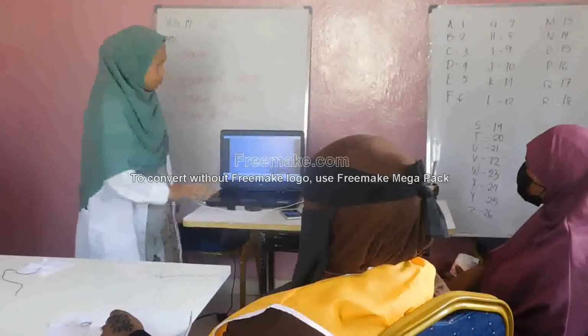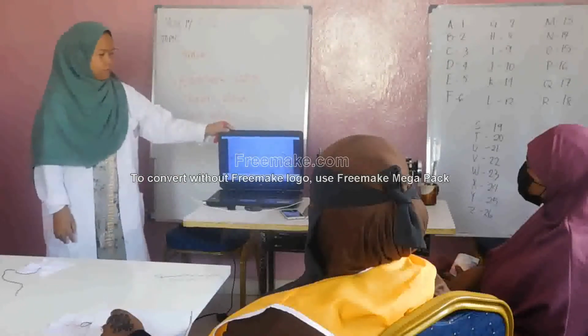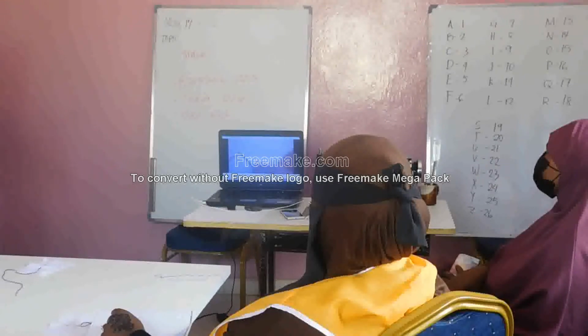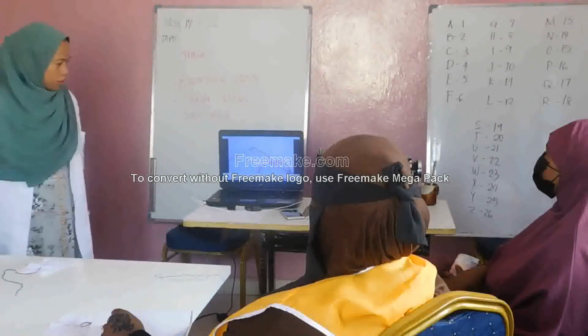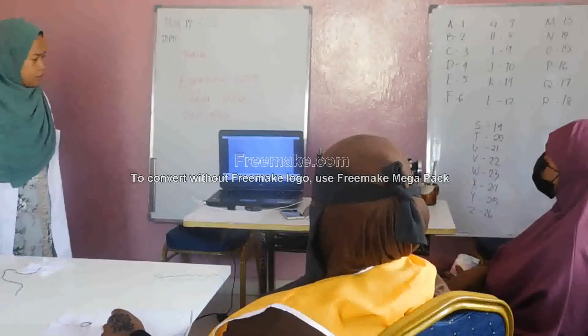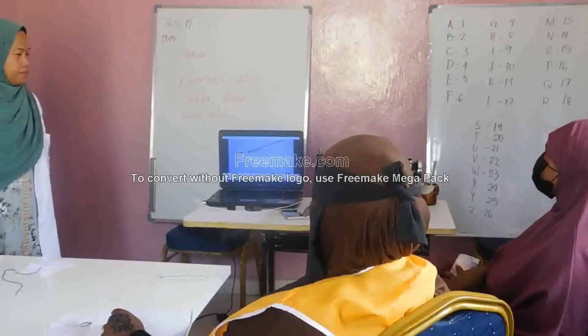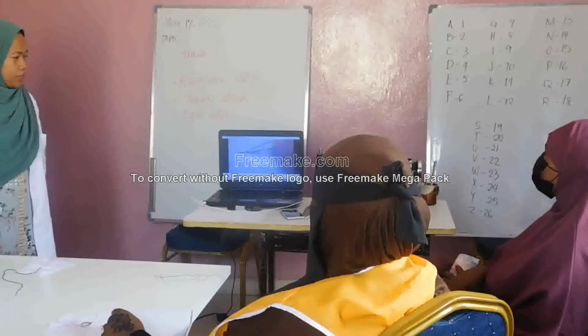Okay. This is the back stitch. From the starting point A, go to point B. You can see. Then repeat the process.